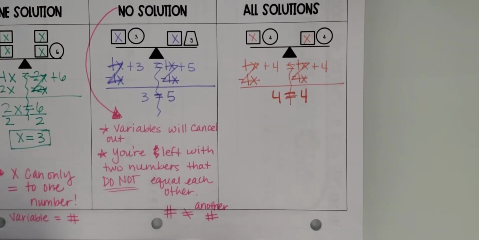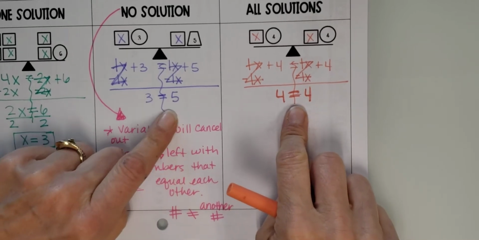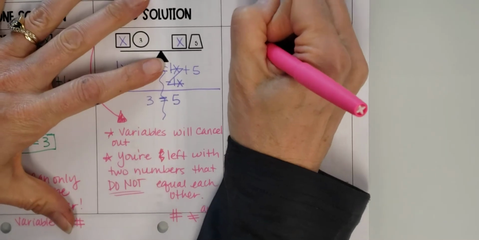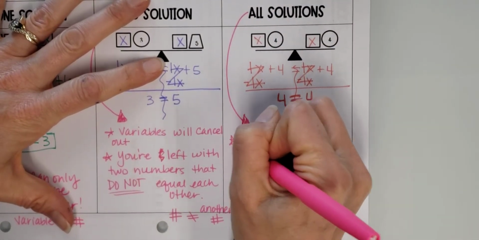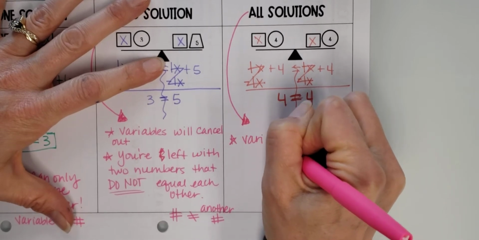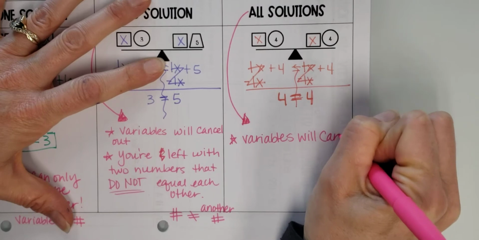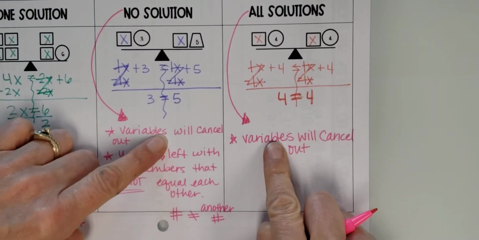Okay? So you can see the difference between this one and this one. These ones actually equal each other and these ones don't. So the definition for all solutions is, again, the first thing that's going to happen is variables are going to cancel each other out. That happens on both of these.